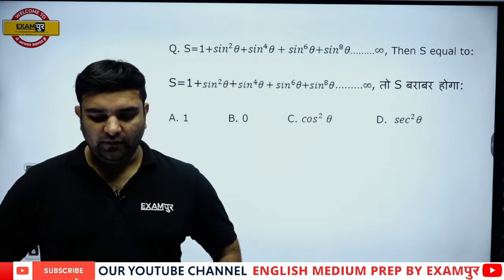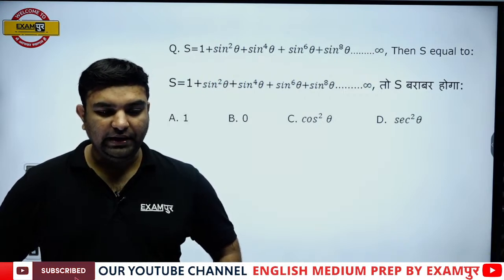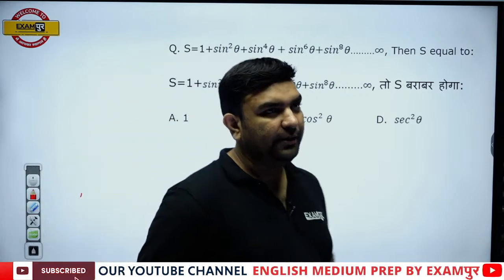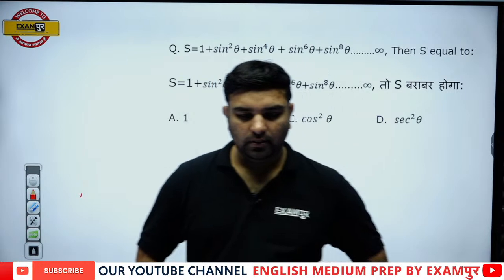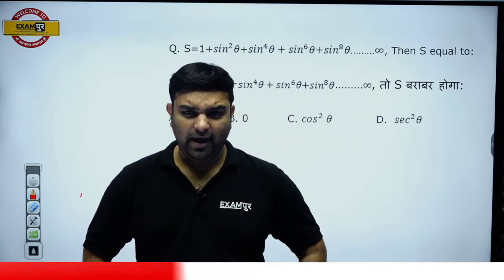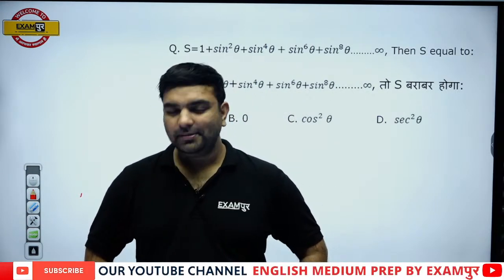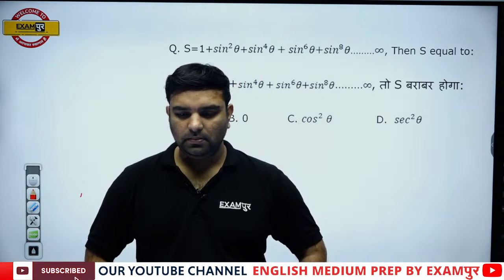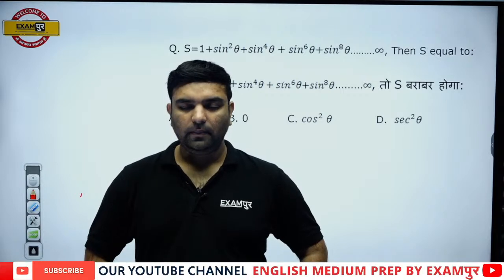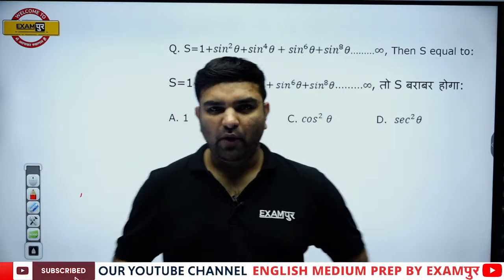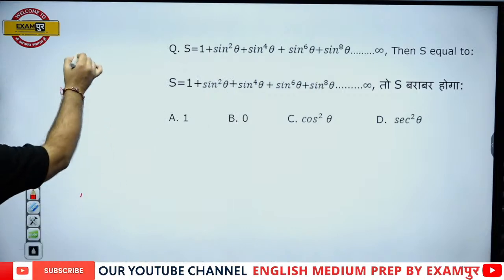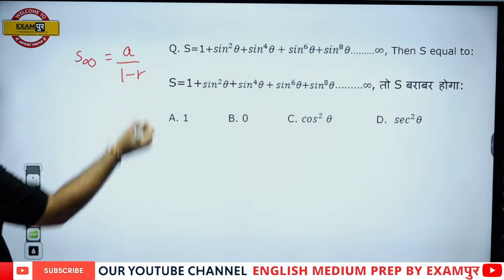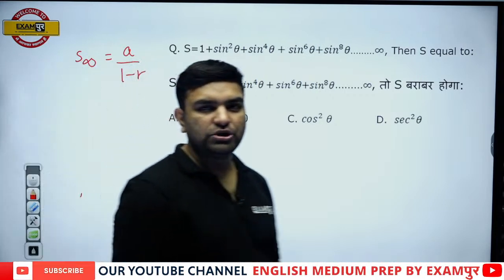Have you ever studied infinite GP? The sum of an infinite GP is a upon 1 minus r, where a is the first term and r is the common ratio.